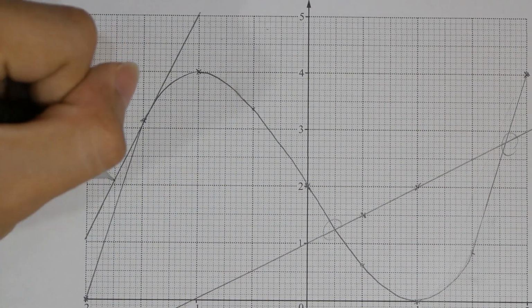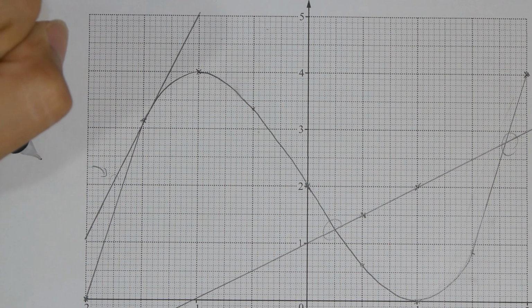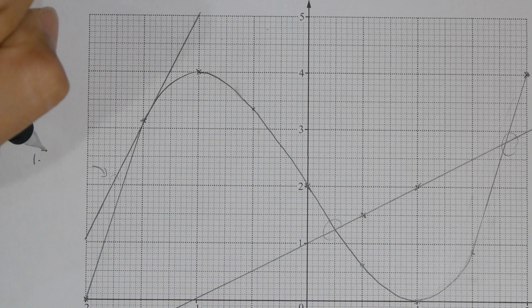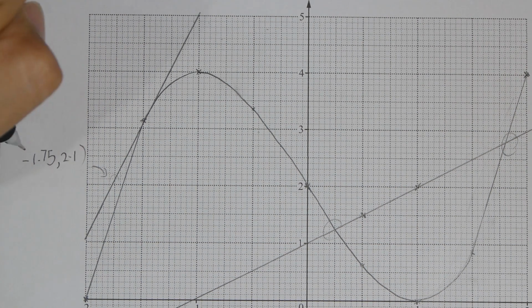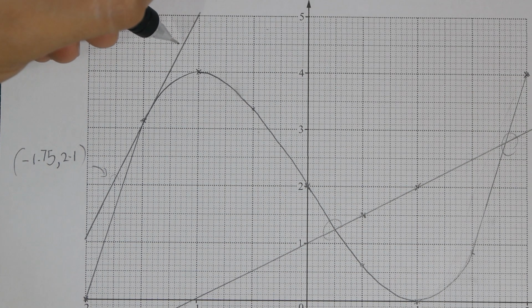So after I drew out the tangent line, I selected 2 points, which are negative 1.15, 4.5 and negative 1.75, 2.1. So you use the gradient formula y2 minus y1 over x2 minus x1, then you will get the gradient as 4.